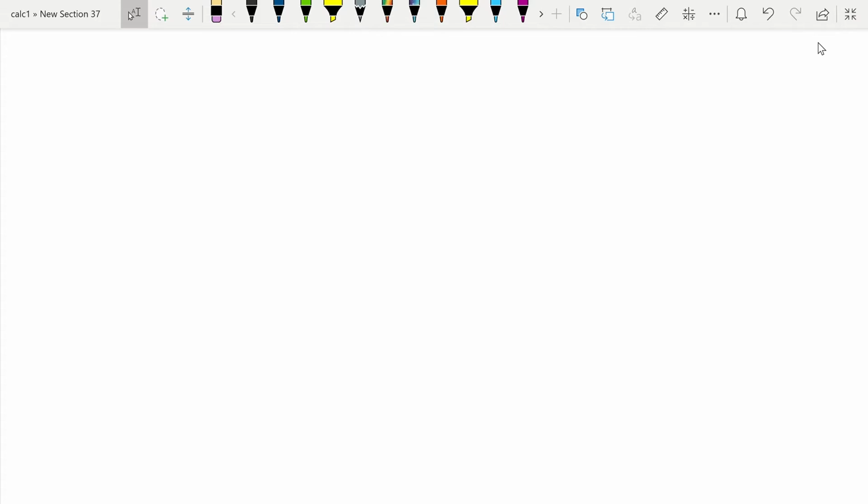Now we move on to implicit differentiation, which is section 3.8.